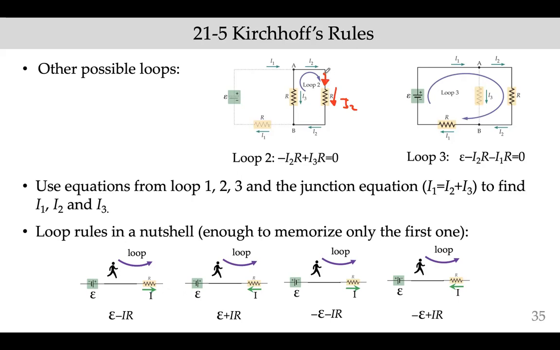In this case, we go down this way, so the loop goes clockwise, and the current is down here, so the loop direction and the current are the same. When they are the same, remember, we get a negative sign. So it will be negative I2 times R.